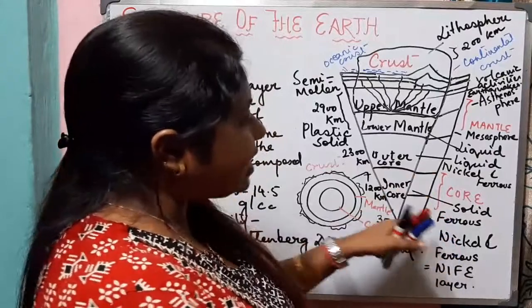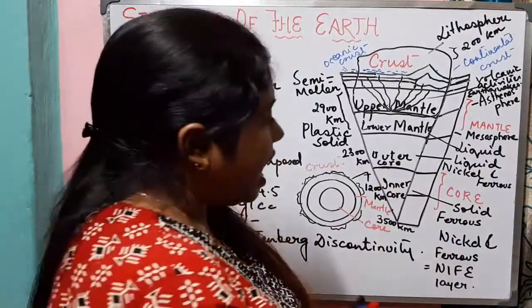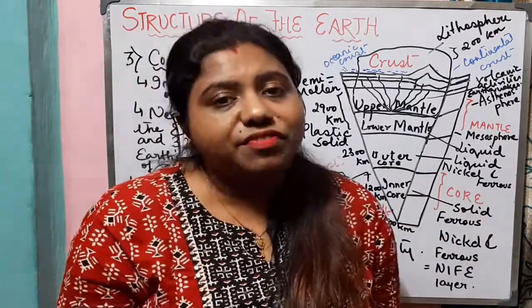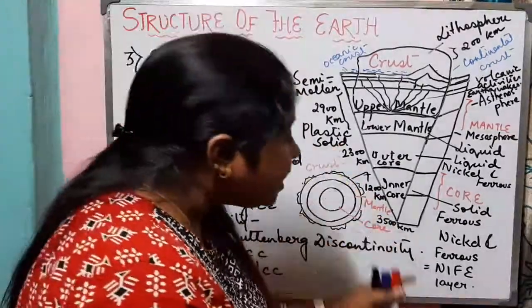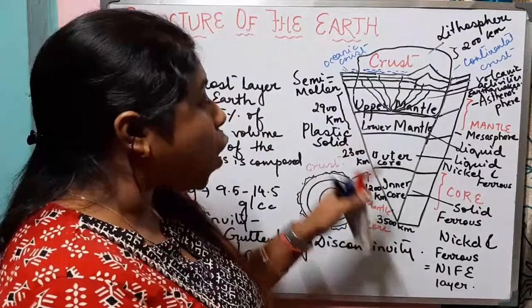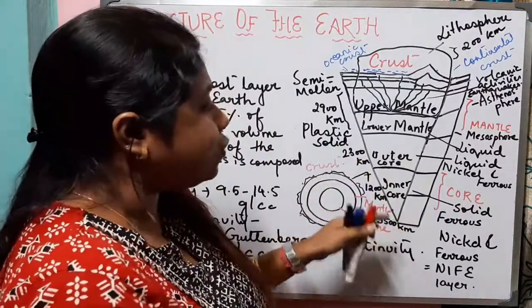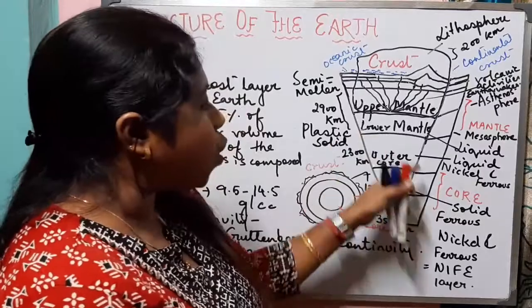The core acts as the source of the Earth's magnetism. As we have read about the magnetic field while reading about the indirect sources of information, the magnetic field of the Earth is caused by the current of electricity that flows in the molten core.